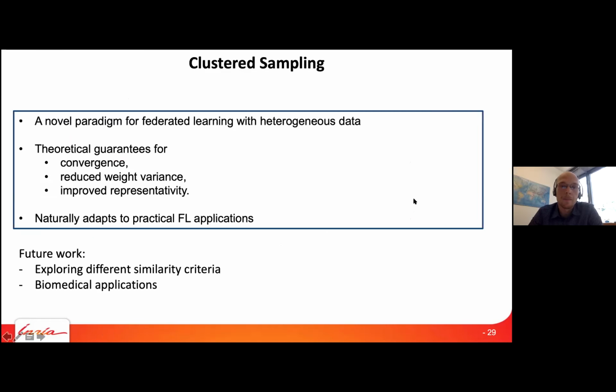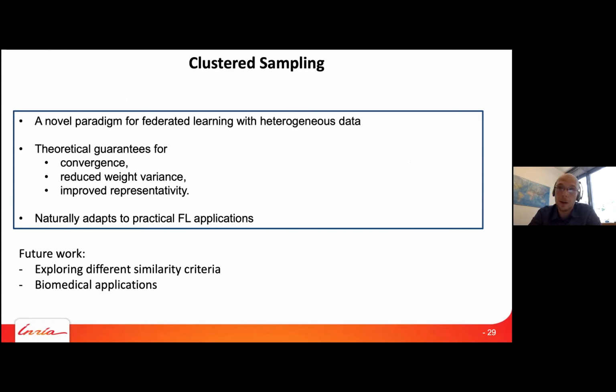Okay, and of course, the point is that this is where we are now. So testing and application of this kind of approaches is ongoing work, and it's quite a recent paper. But what this work shows is that we define this new way to select clients.